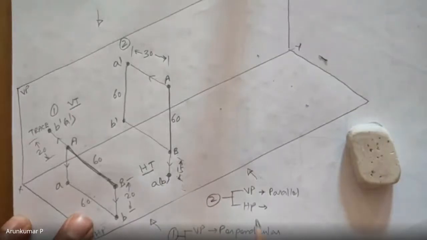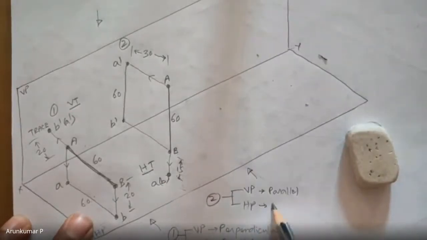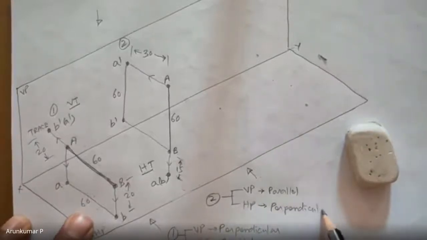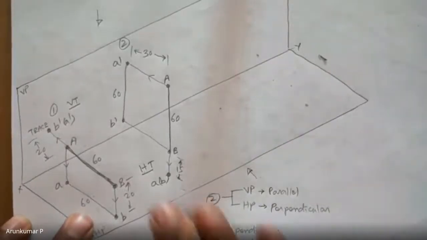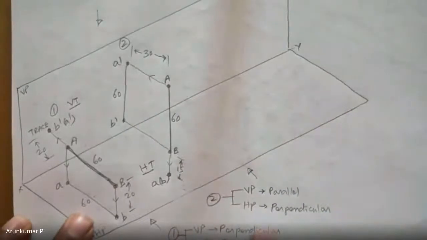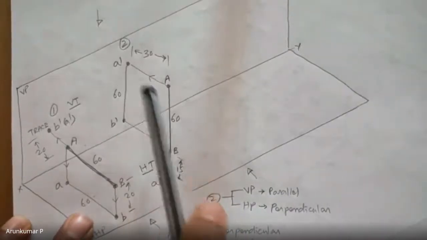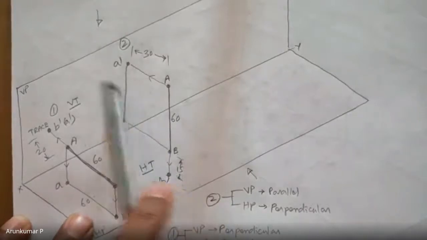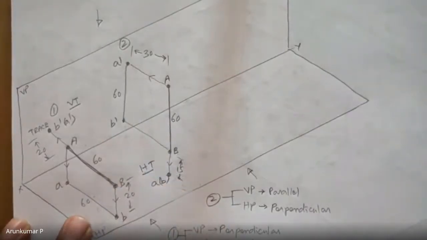So since the line is perpendicular to HP, you are getting a trace or a point in the top view. Since it is parallel, you are getting the true length in the front view. So this is the second case.